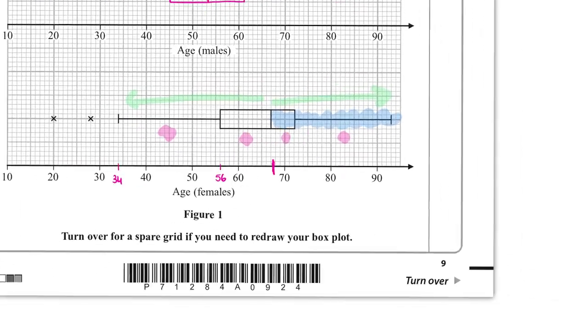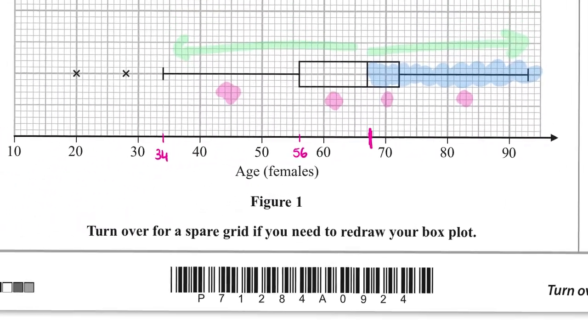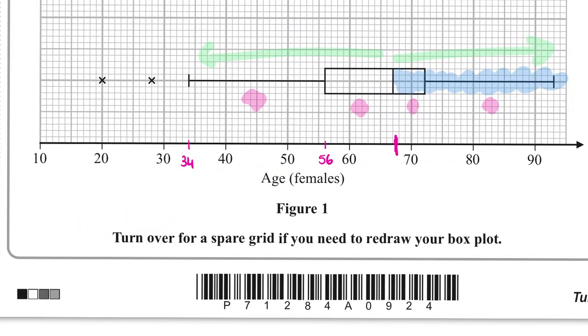Right, what do we know about Anja's age? Let's be honest. She's an old woman. What do we definitely know? She's more than 57. For sure, she's more than 57. She's between 57 and 79.